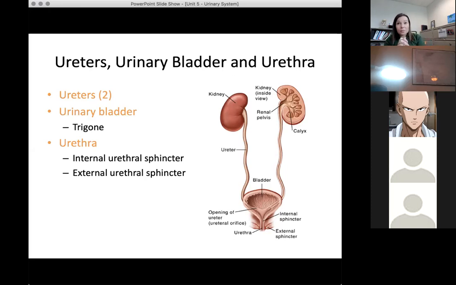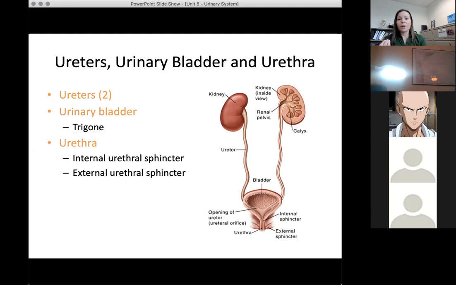Sometimes kidney stones can develop in the ureters, or often they're in the kidney itself. And these are basically solid crystallized clusters of dissolved minerals. It's a cluster of minerals that were in urine, but they've crystallized and hardened.